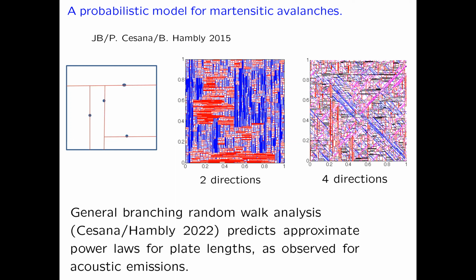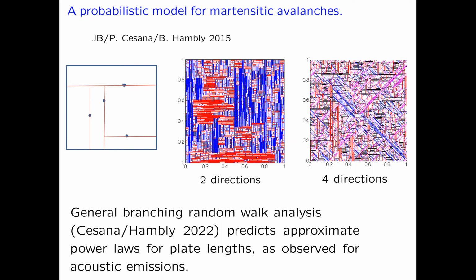And it predicts approximate power laws for plate lengths as are observed in acoustic emission experiments for these transformations done in Barcelona. Images also there when one looks at tilings by long bars and big tilings by the box, then you see some images. Let me tell you about those later.